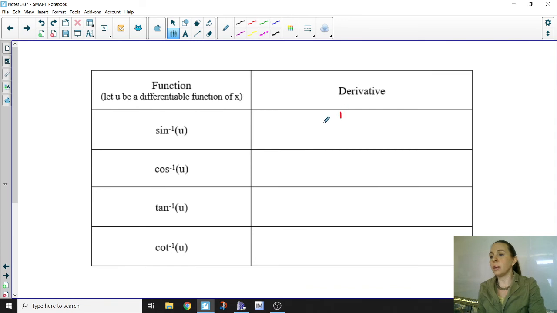It is 1 over the square root of 1 minus u squared. But u is a differentiable function of x. It could be like x squared in here. It could be x cubed plus 1, anything in terms of x. So we have to multiply by the derivative of u with respect to x. And again, that's just showing chain rule in the formula.